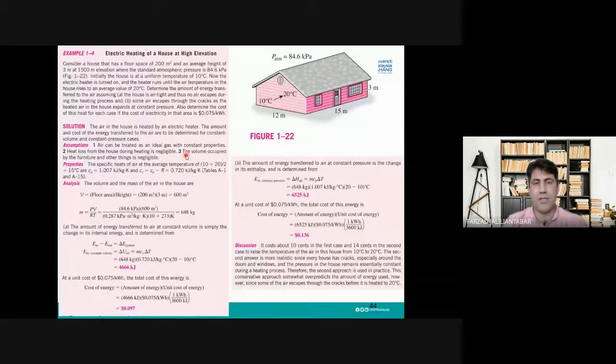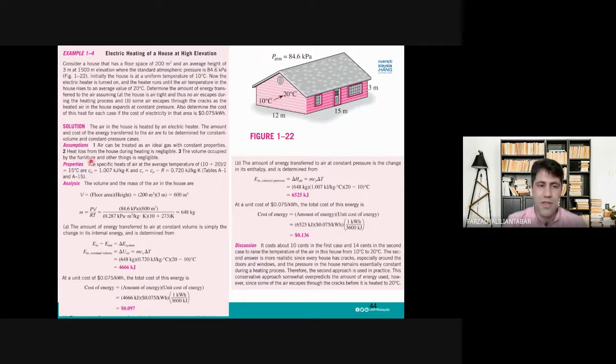Assumption number 3, the volume occupied by the furniture and other things is negligible. This assumption is useful also because the whole capacity inside the house is not air. We have furniture, chairs, and many things, and their heat transfer will be different. And the volume of the air inside the house is not equal to the volume of the house.